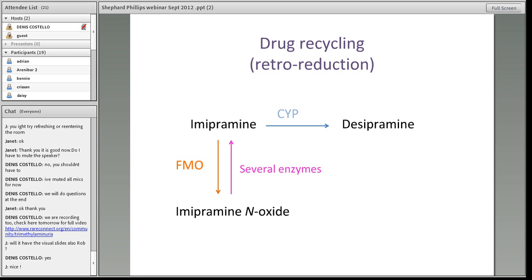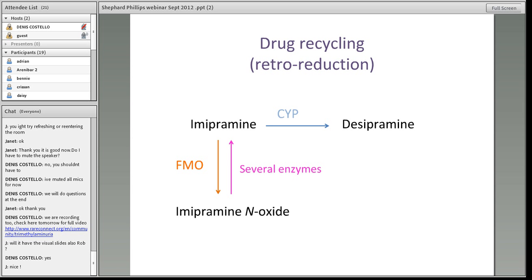But the body always does curious things, which always complicates things. There are several enzymes that, when imipramine N oxide has been produced, turn around and take the oxygen off the imipramine N oxide to produce imipramine. You can see the arrows are going both ways, imipramine to imipramine N oxide and imipramine N oxide back to imipramine.